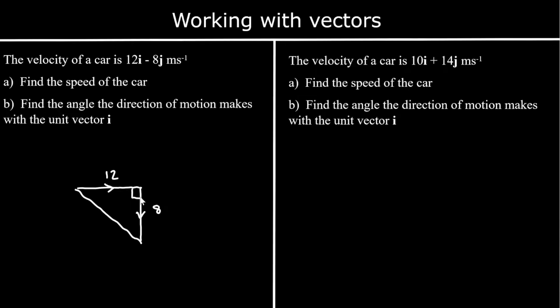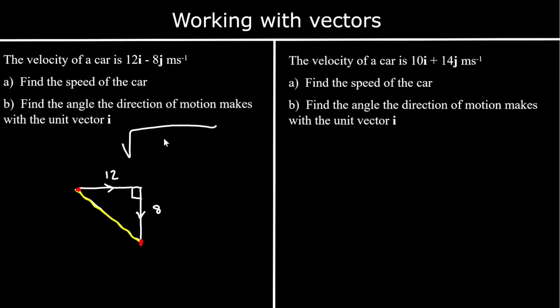We want to know the speed. So the speed is just the magnitude, and we can work that out using Pythagoras. So it's just how long this line is. How far does it go every second? So from here to here. So use Pythagoras.